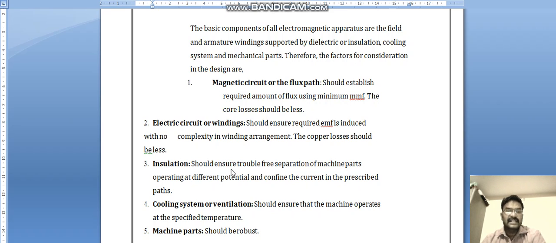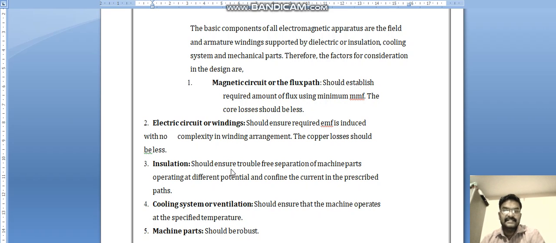Next one, the cooling system or ventilation should ensure that the machine operates at the specified temperature. I already told you, if the temperature increases or decreases, the physical and chemical properties of machine parts like copper change. Let us consider an example.